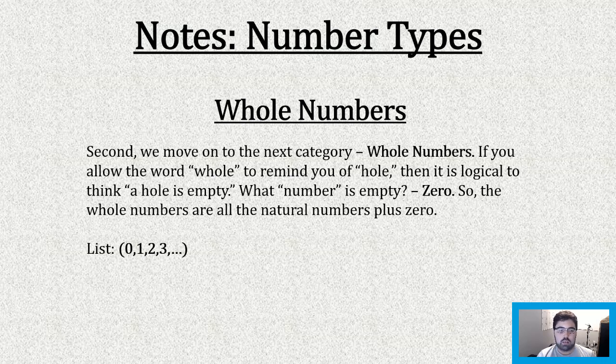Then you should think, oh, a hole is like something that's empty. And the number that we use to describe things that are empty is 0. That is the only difference between whole numbers and natural numbers. Natural numbers are, like we said before, 1, 2, 3, 4, and so on. When we extend the definition to include whole numbers, we're just adding 0 in as well.